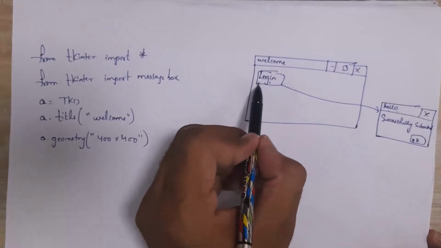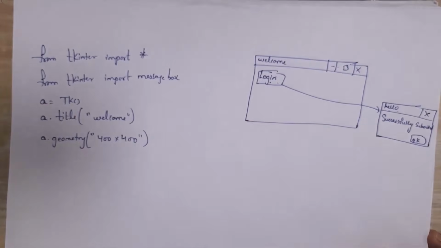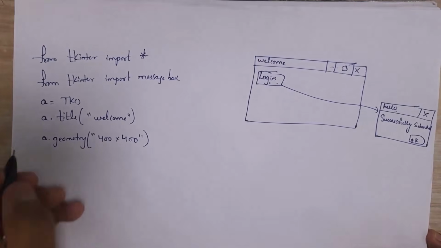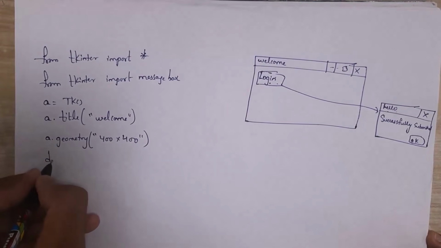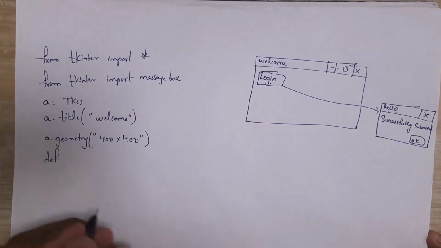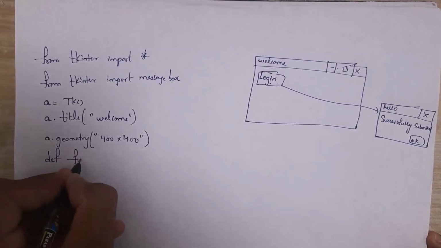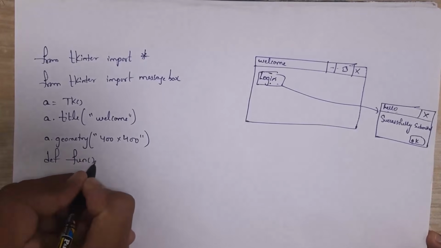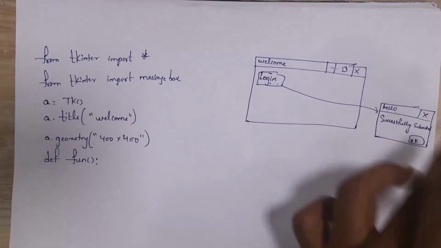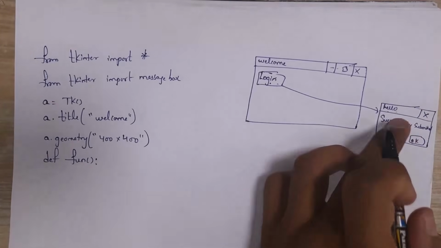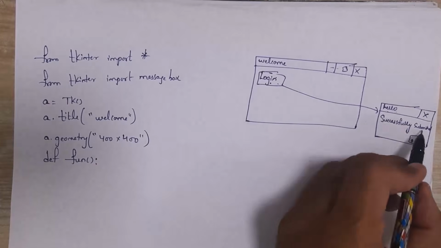Now whenever I click on this login button, it should display this window. So I am taking function for this. As we know, we will create function by using keyword that is def. So just write here def. You can give any function name. I am giving function name as fun. So take brackets and give colon. Inside this function, I am creating one message box. That message box should display output that is successfully submitted.